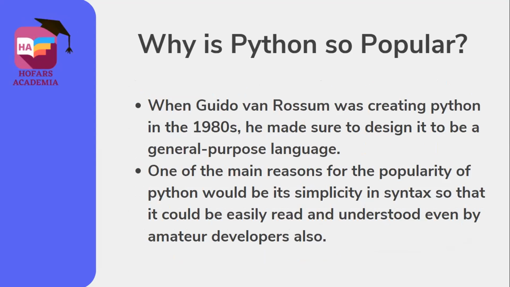When Guido van Rossum was creating Python in the 1980s, he made sure to design it as a general purpose language. So what do we mean by a general purpose language? It means that you can use Python for doing anything. Doing anything means you can use it for making web apps. You can make Android applications and iOS applications using Flutter.